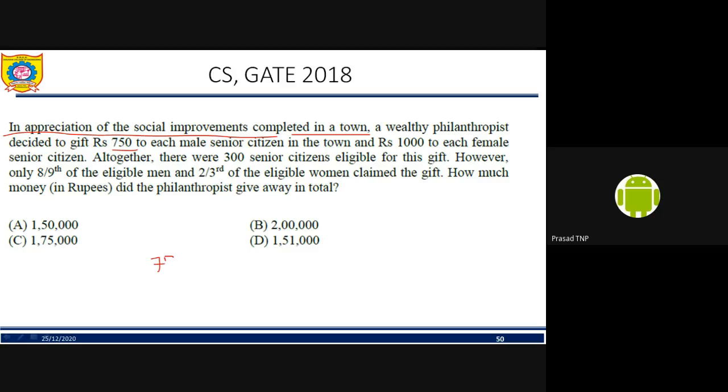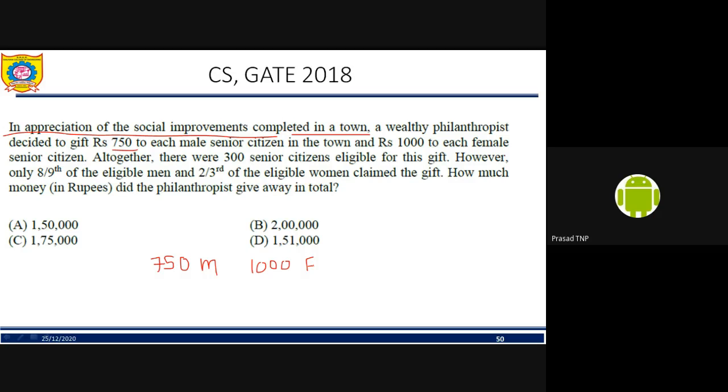Okay, 750 to the male. Fine. In the town and rupees 1000, so 1000 to the female, and rupees 1000 to each female senior citizen.